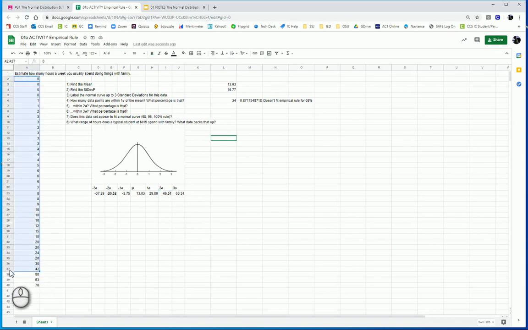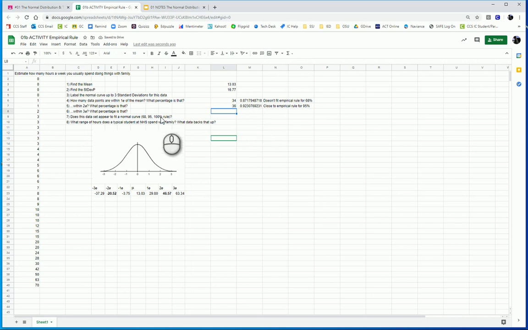Well, that's 36 data points within 2 standard deviations, which is 36 divided by 39. That's 92%. That's pretty close to the empirical rule for 95%. Closer than the other one was.